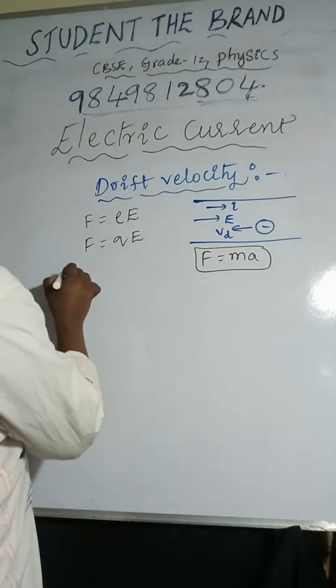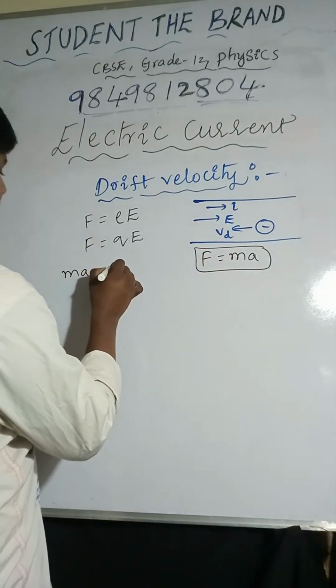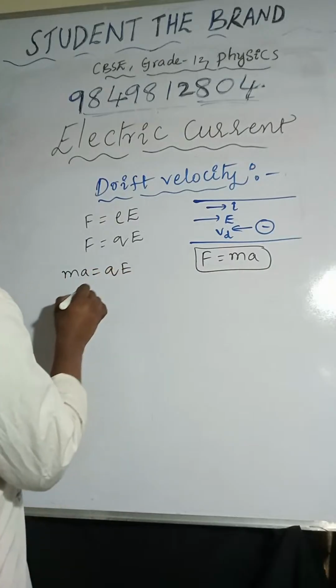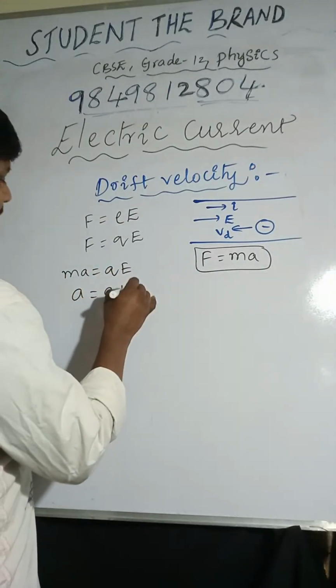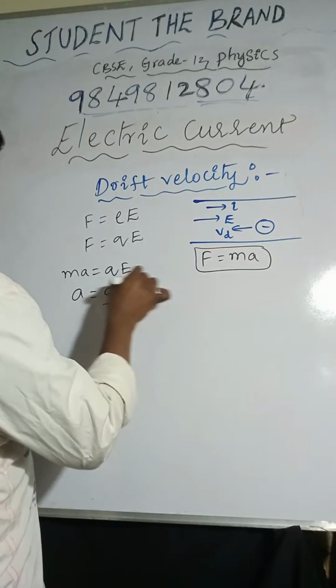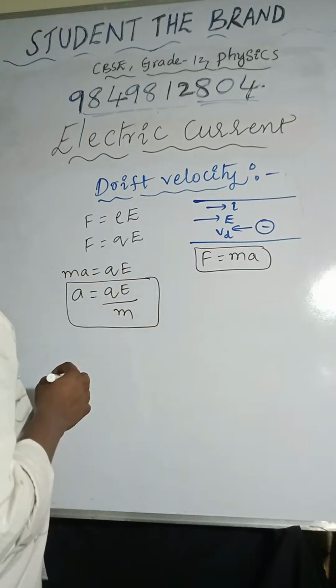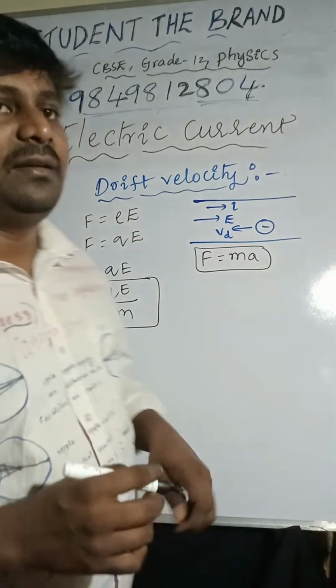So ma equals QE, then a equals QE by m. That is the acceleration.